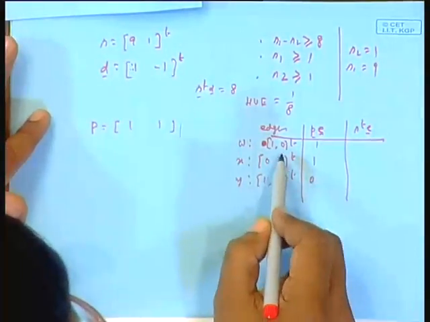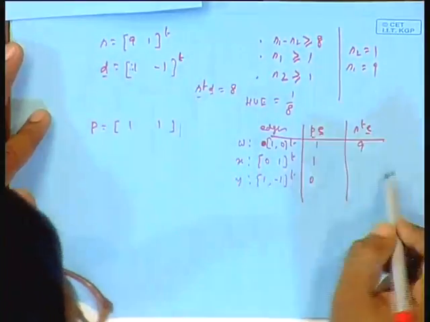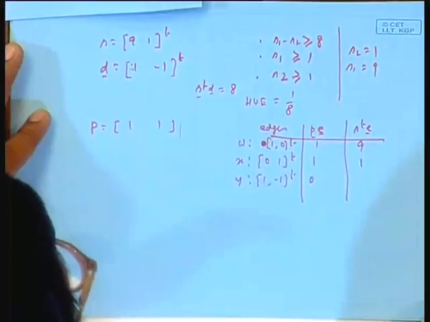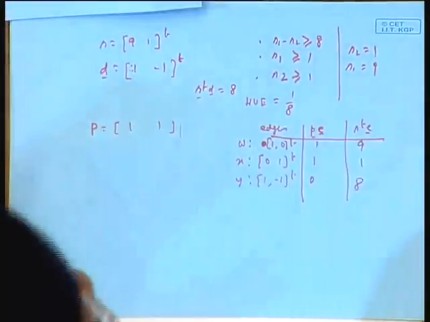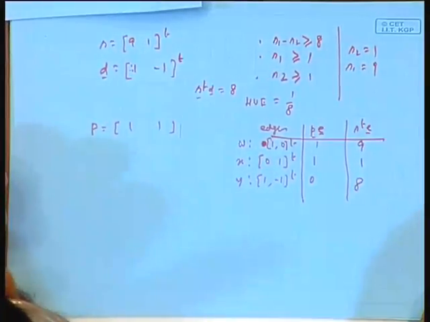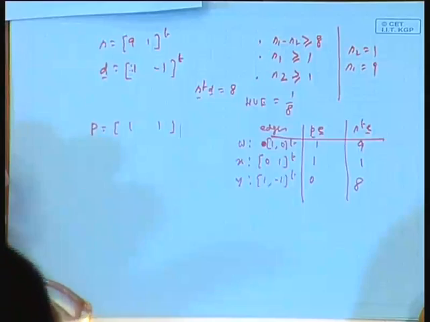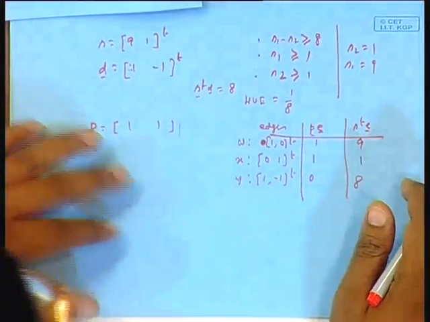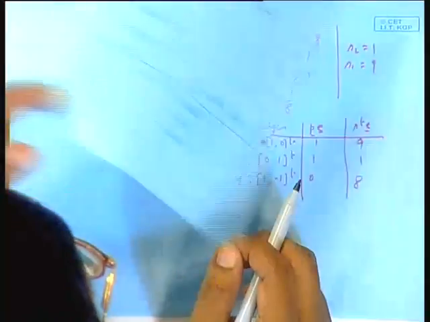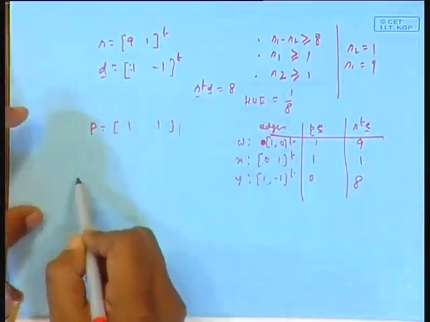With 9 1, it is 9, it is 1, and 8. Okay. With that, if you draw that thing, it is this.